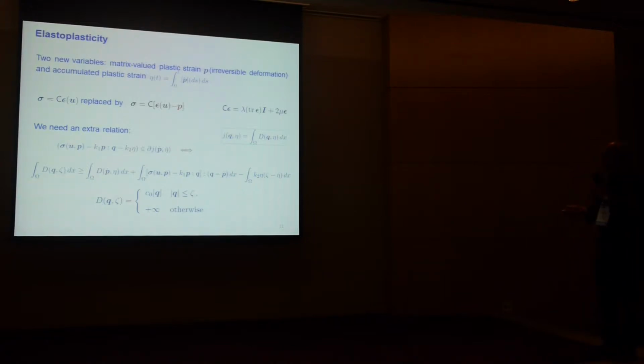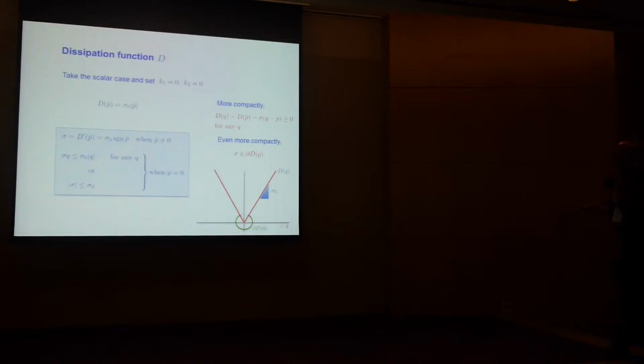So that defines D. My functional J is the integral of D, and so I have an inequality involving D and then the stress and additional terms. There's a term with a constant K1 there and a term with constant K2. These are additional terms that characterize what is called hardening, the way in which plastic behavior takes place, right? So there's quite a lot there, but let's look at where this comes from.